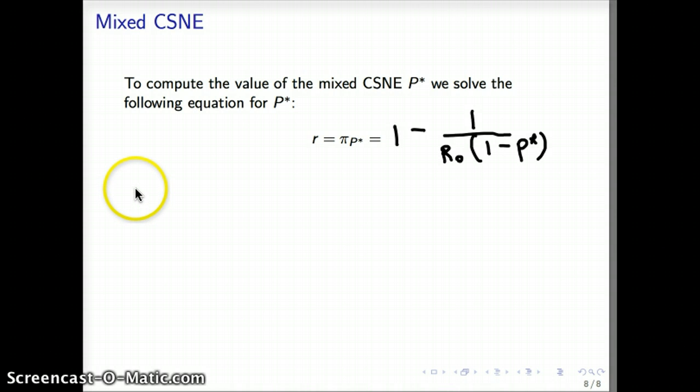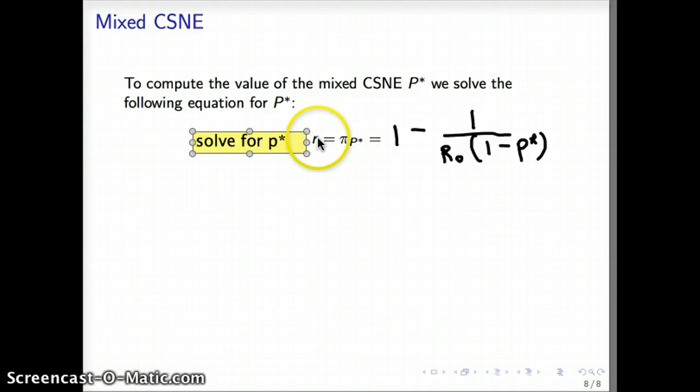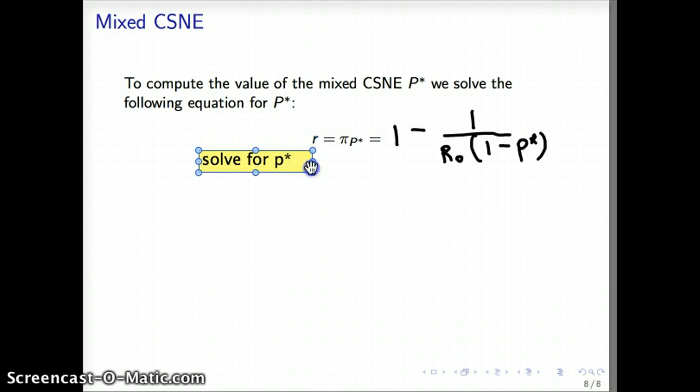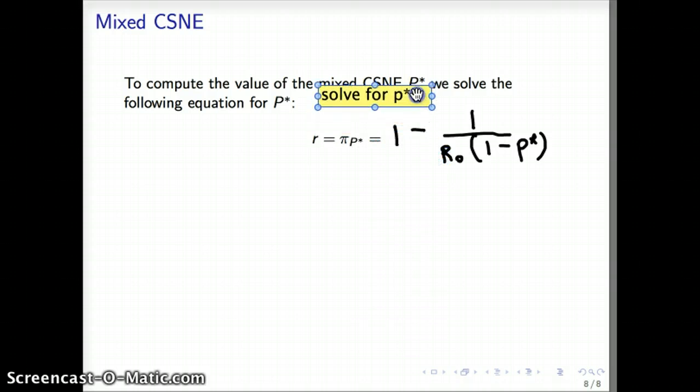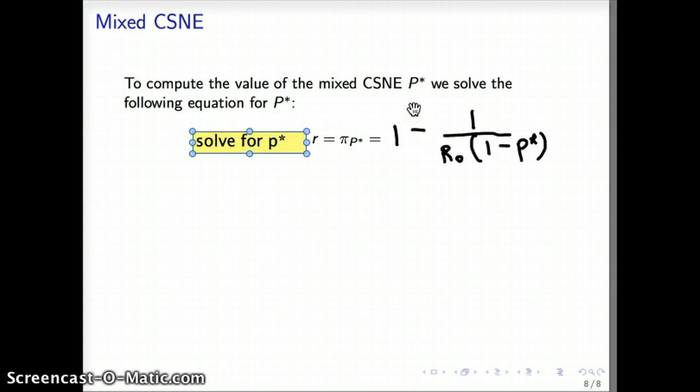So I'm going to continue this equation we're solving, right? Remember, we have this equation, R equals that, and what we want is to solve this equation for P star.